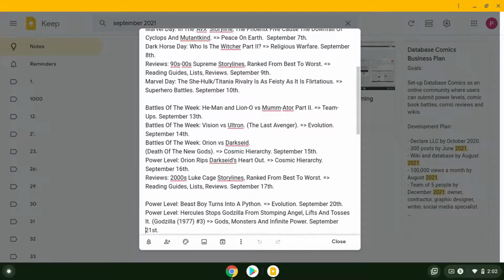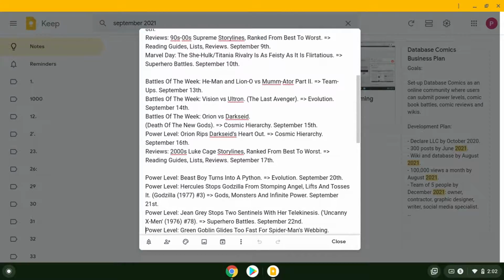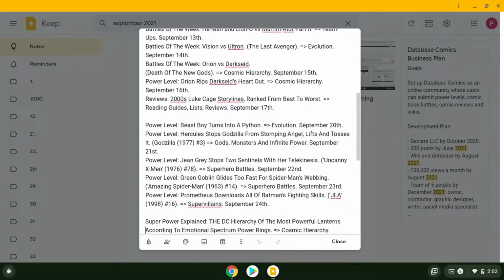And then the fourth week is usually the Power Level week. So I have Beast Boy versus a turns-into-a-python, and Power Level, Hercules stops Godzilla. This is actually the storyline theme: Gods, Monsters, and Infinite Power. And then Power Level, Jean Grey stops two Sentinels with telekinesis.